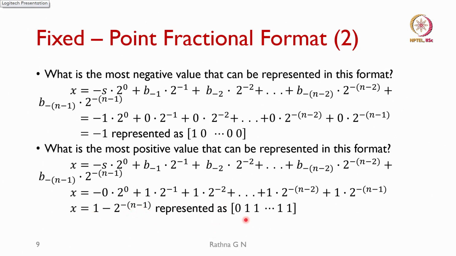In the binary format we will be representing it as 0 point all ones, or in the processor it will be taking it as 0 1 1 1 1. But the notation for us is x is equal to 1 minus 2 power minus n minus 1, which will be the largest value I can represent in this format.